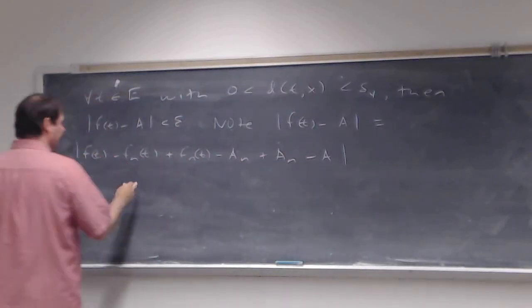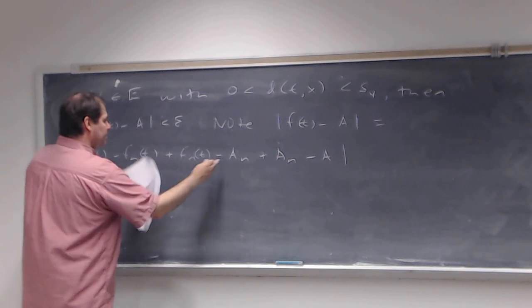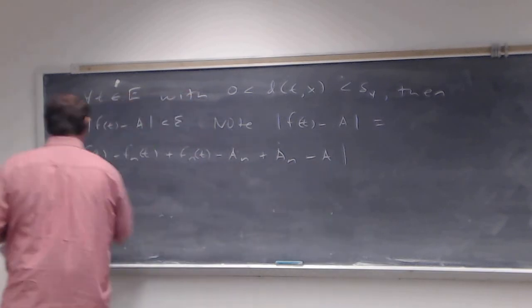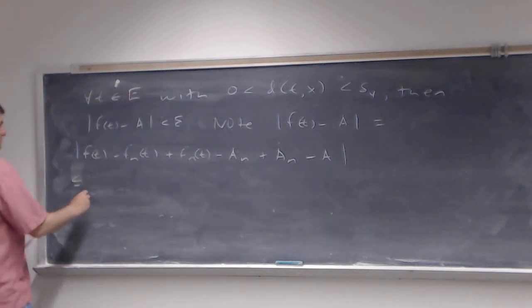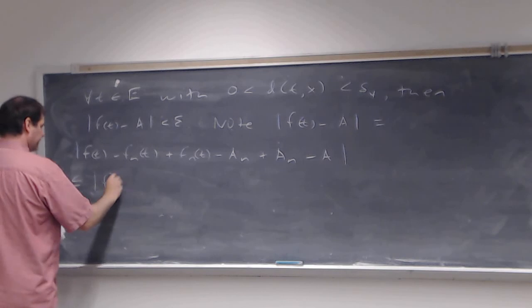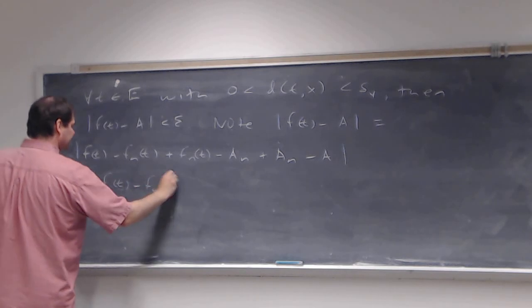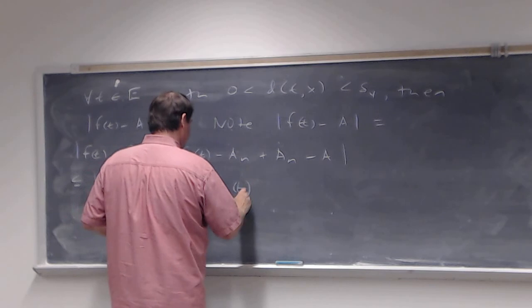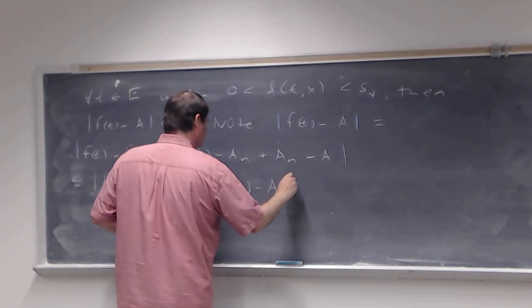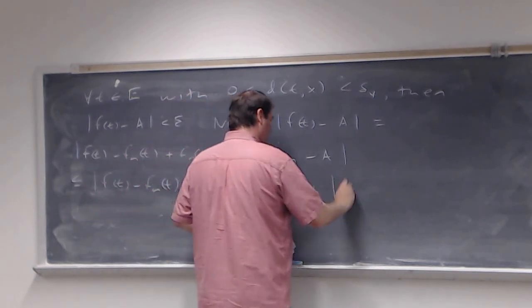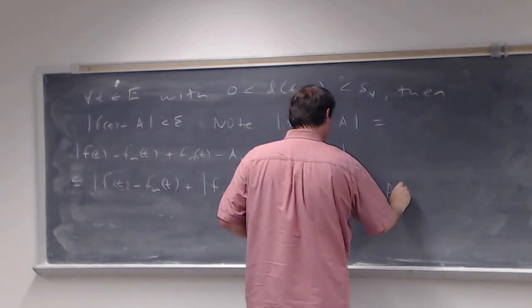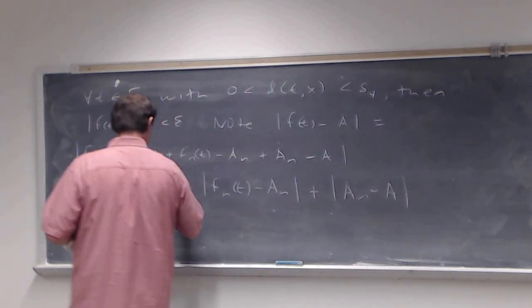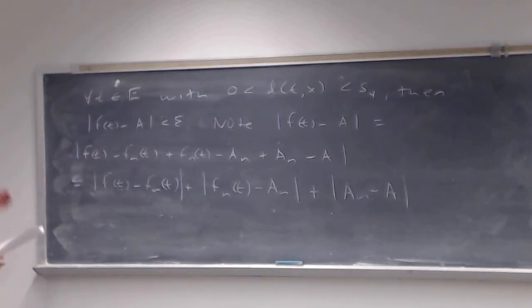And now using the triangle inequality, we have that this is less than or equal to the norm of f of t minus f sub n of t, plus the norm of f sub n of t minus a sub n, plus the norm of a sub n minus a.